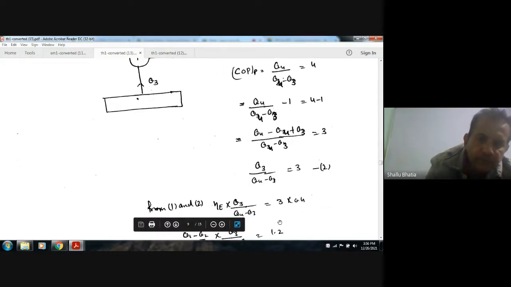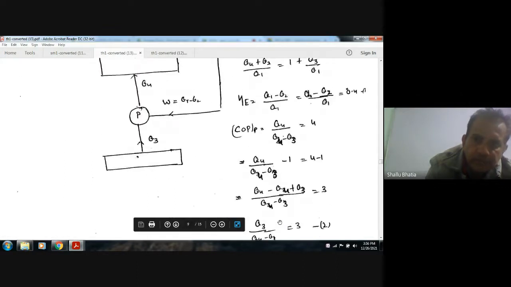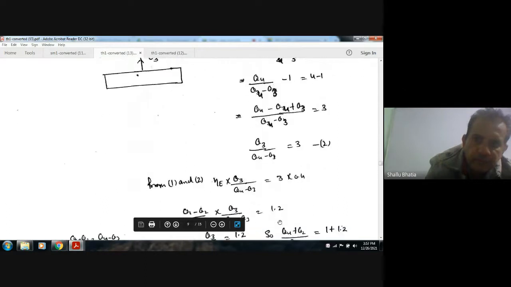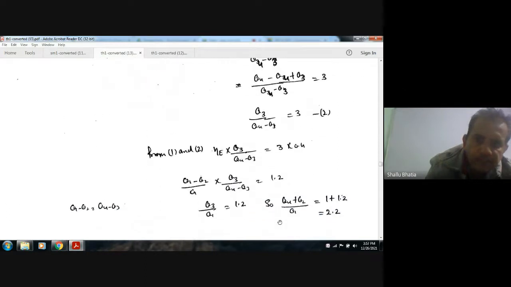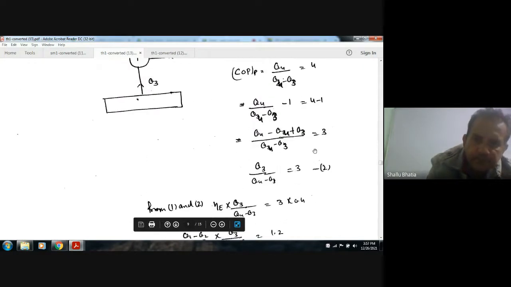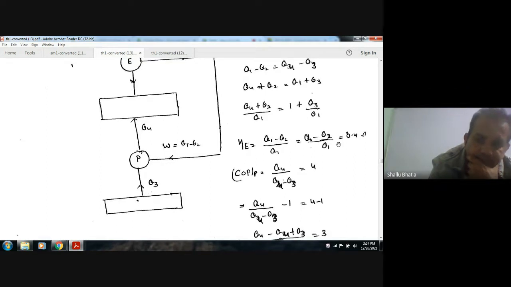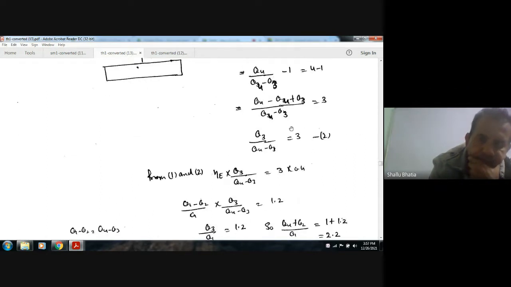Now the efficiency of the heat engine is 0.4, and this ratio Q3 by (Q4 minus Q3) is 3.